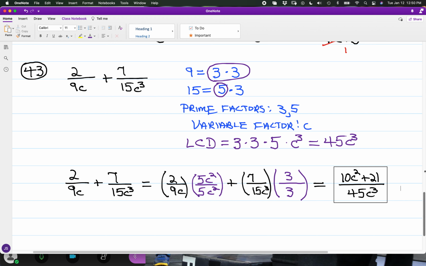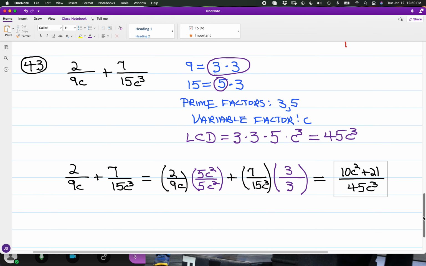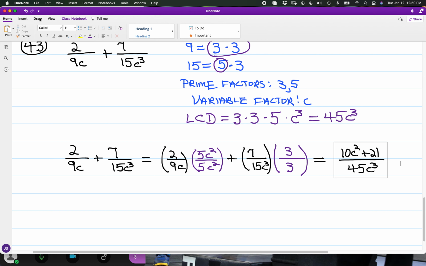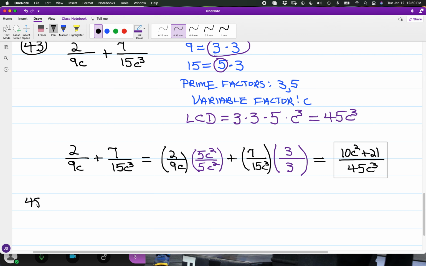Now, for number 48, again we're looking at variable expressions. This time we have 4 over m minus 2 minus 3 over m.